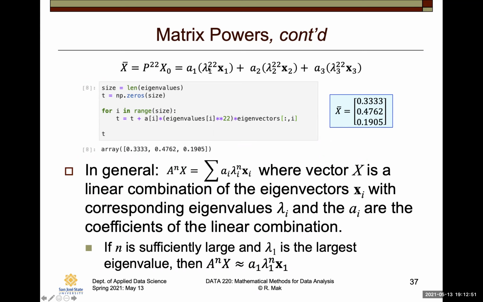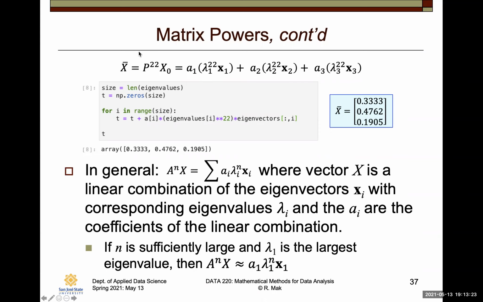We can calculate the 22nd power of the individual eigenvalues and multiply that by the eigenvectors. We can calculate this pretty easily. We're not going to multiply this number by itself 22 times; the way Python does those kinds of things is with logarithms and so forth.